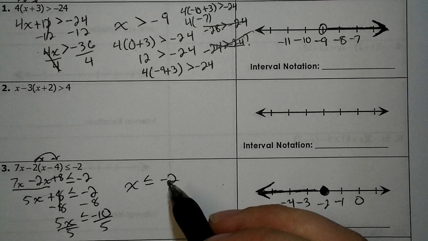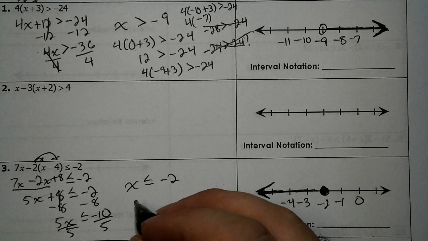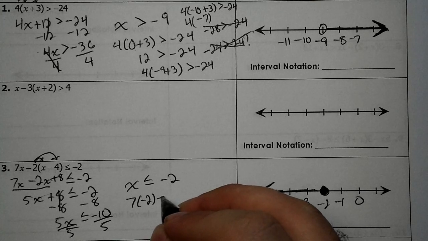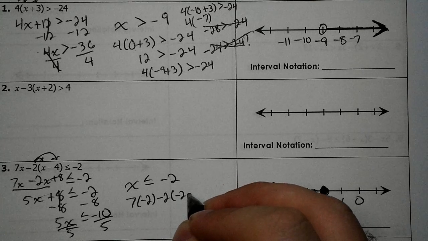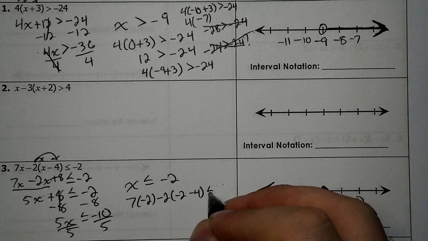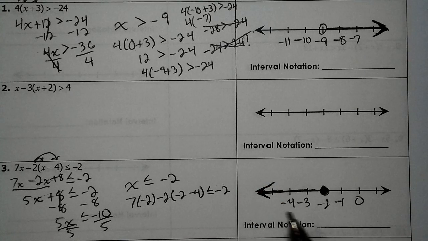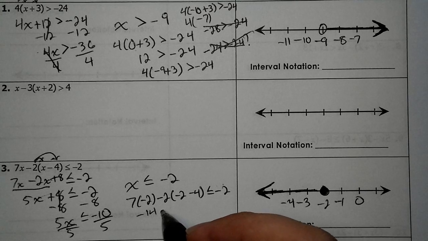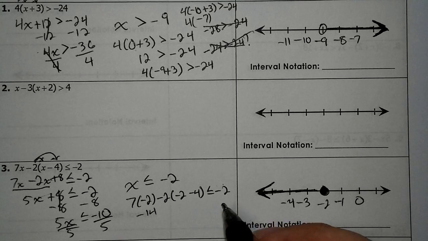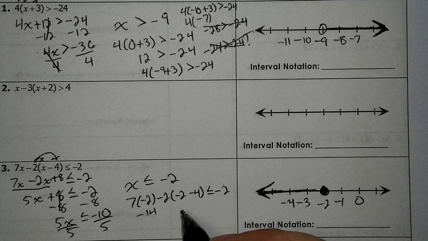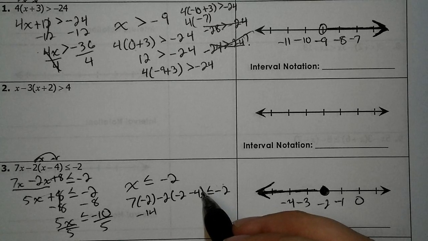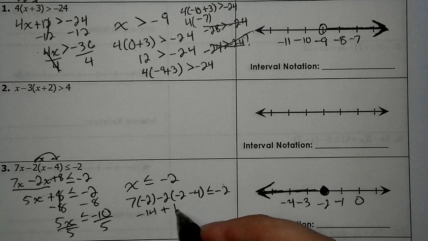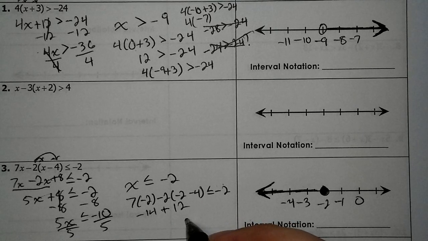Now over here, if I plug in negative 2, so go back to your original, 7 times negative 2 minus 2 times negative 2 minus 4 is less than or equal to negative 2. When I plug all this in, that's going to be negative 14 minus, and that's going to be negative 2 times negative 6, which is positive 12, and negative 14 plus 12 is negative 2.